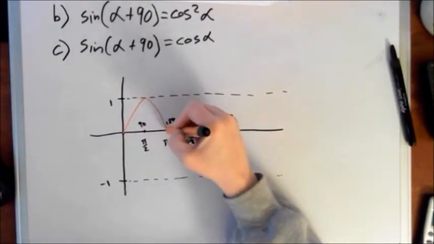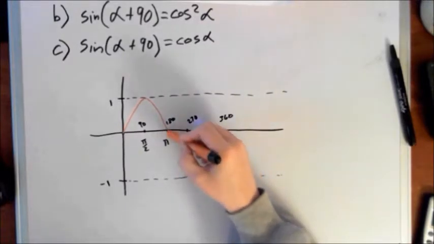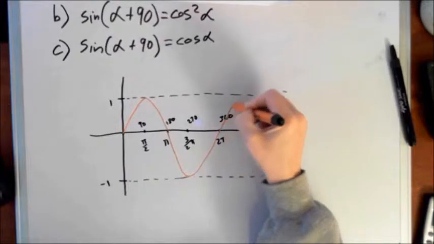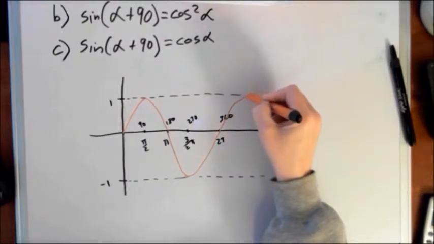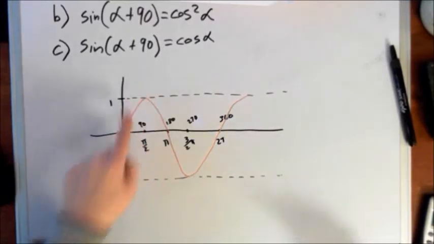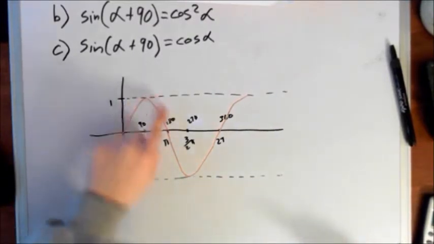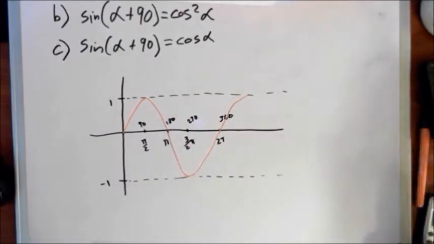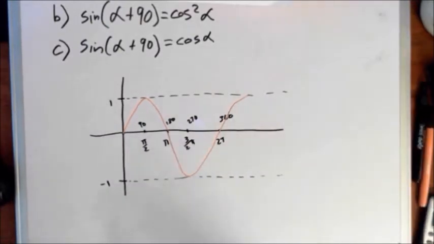So drawing sine out, it looks like this, where sine starts at 0, and it continues to repeat forever. So that is sine.